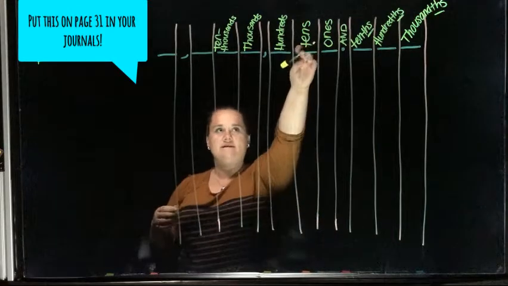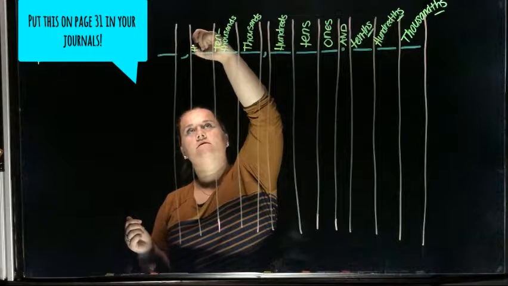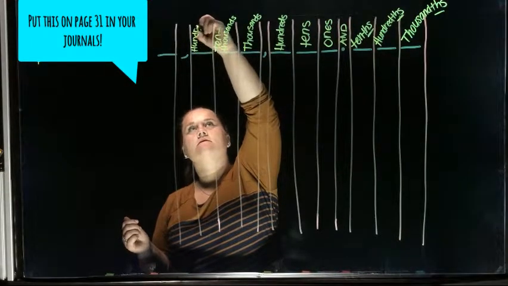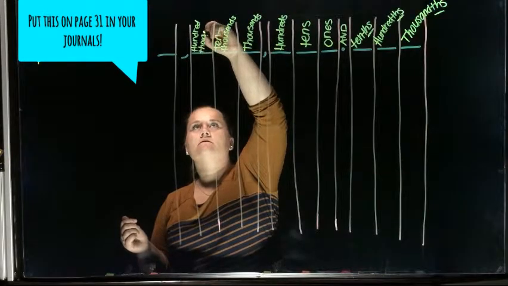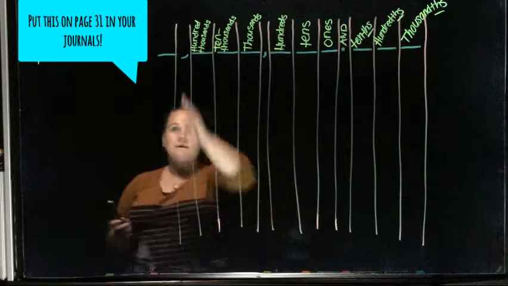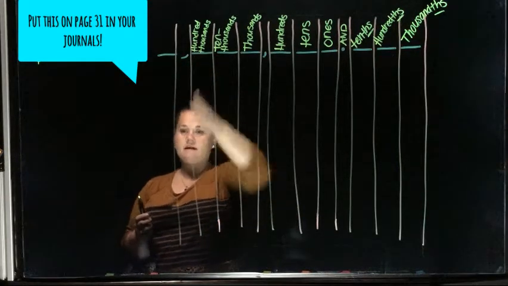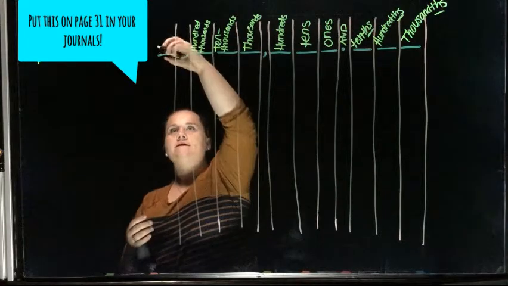And then after our 10,000s, we have our 100,000s. Then we have another comma, so make sure you put that comma in there. After our 100,000s and our comma, we go into the millions.